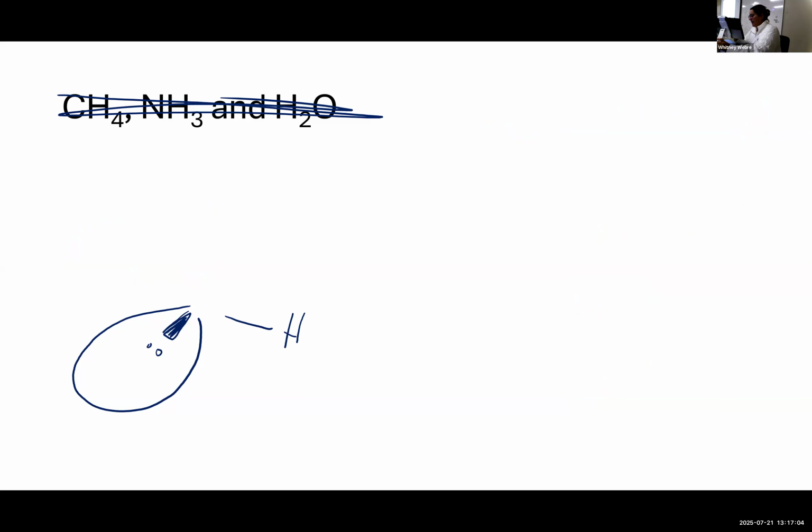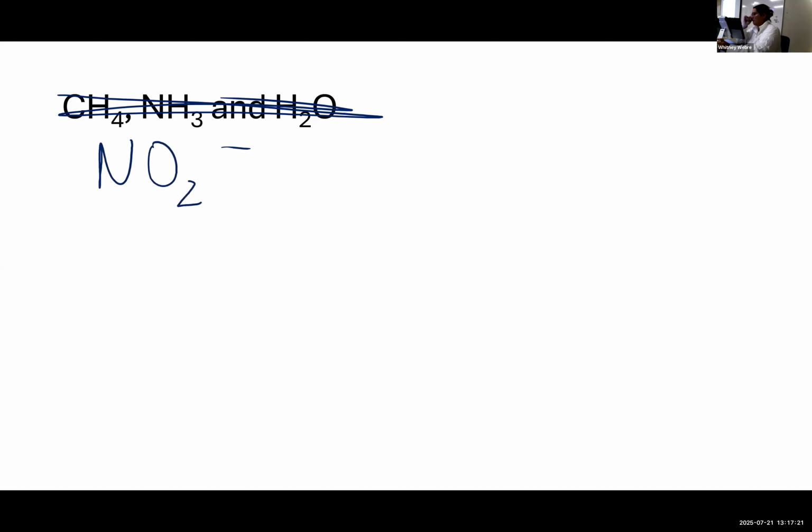We could also do SO3. Sorry, let's do NO2 minus. You shouldn't do this unless you're 100% sure of something, but let's figure this out together. NO2 minus. All right, this is a polyatomic ion.